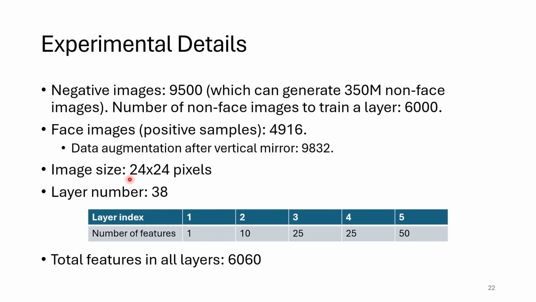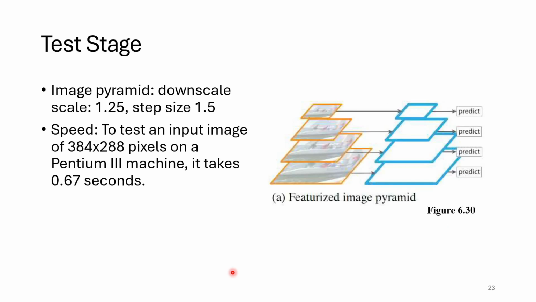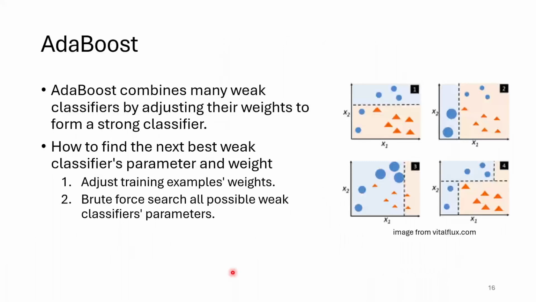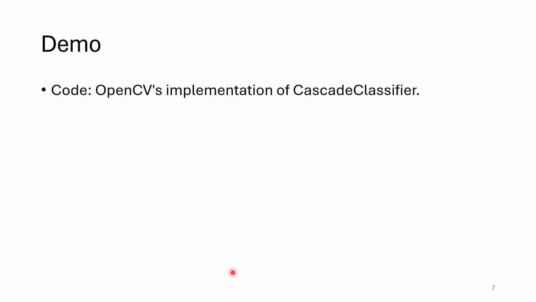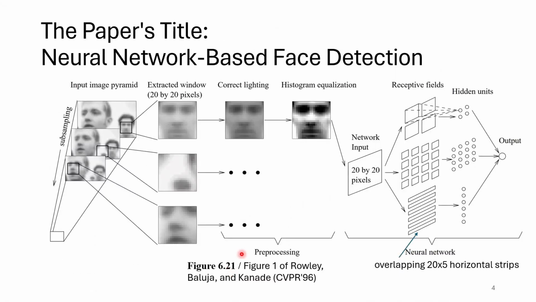So this is their statistics. How many features do they use in total? More than 6,000 features. And how do they run the test? As we can see here, they create an image pyramid because their classifier is a fixed size, 20.